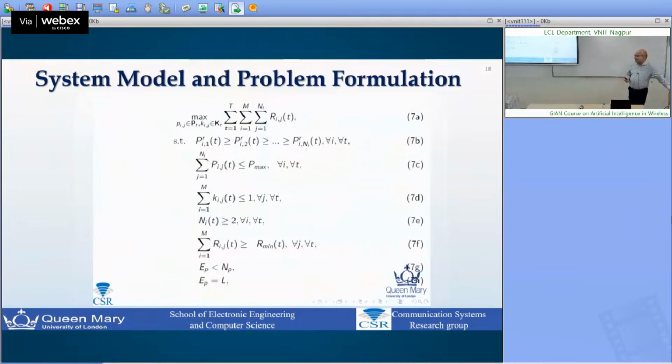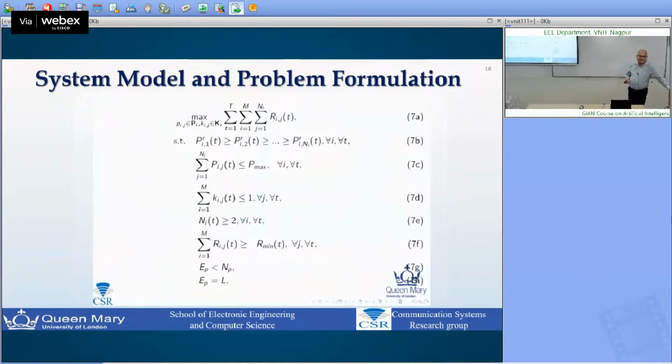Either in a cooperative or competitive way, they optimize. If it is competitive, every device wants to improve its data rate, so they select two parameters: the sub-channel as well as the power.